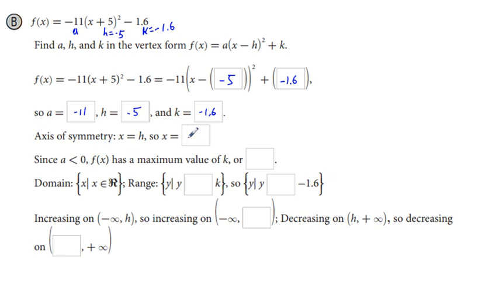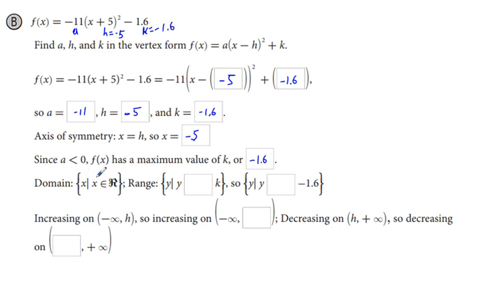Axis of symmetry, x equals h. So x is equal to negative 5. Since a is less than 0, f of x has a maximum value of k, or negative 1.6. That's our value of k.